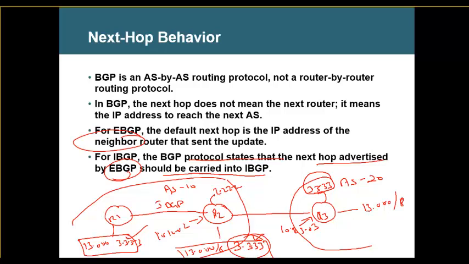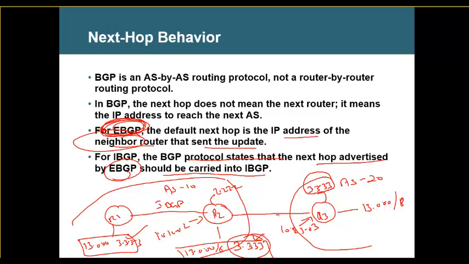It will be seen as the neighbor's address. According to router 2, the neighbor router 3 is in eBGP. The next hop will be the IP address of the neighbor router which sends the update.